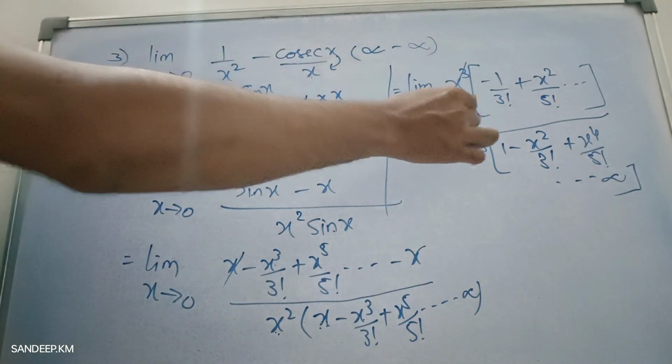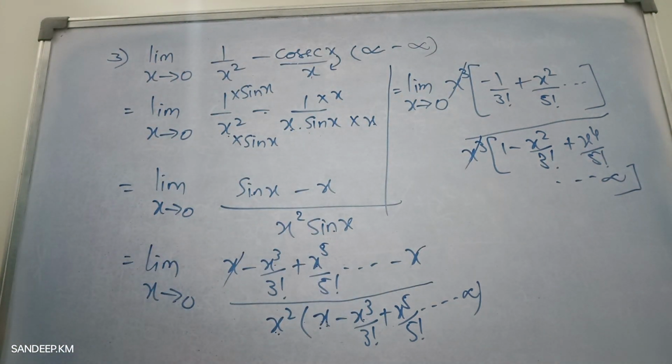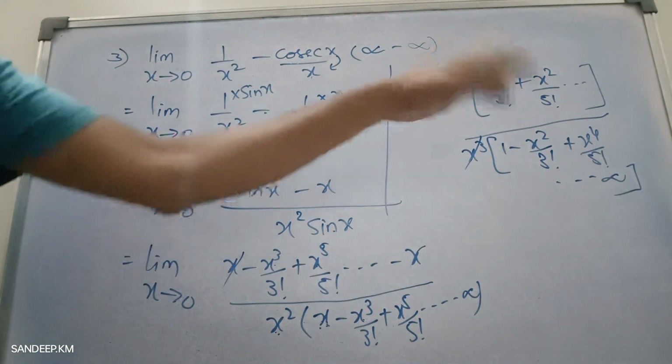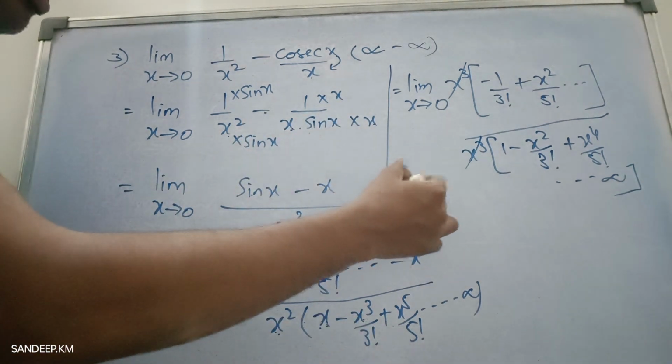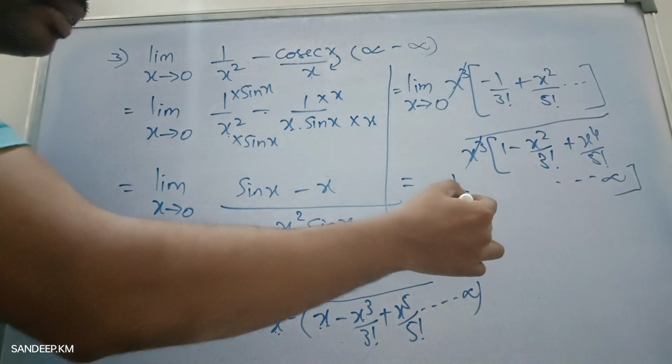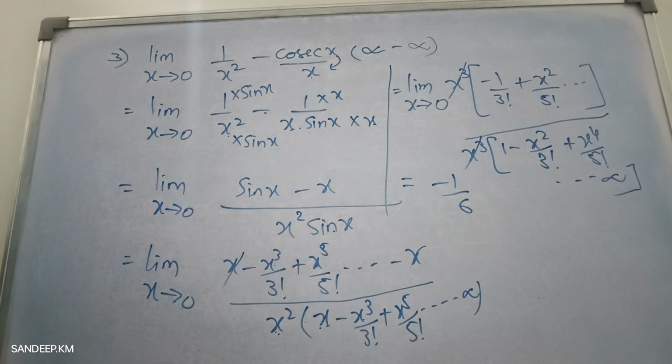So x cube and x cube get cancelled automatically. In the remaining terms you can substitute x as 0, then only minus 1 by 3 factorial, that means minus 1 by 6, will remain.